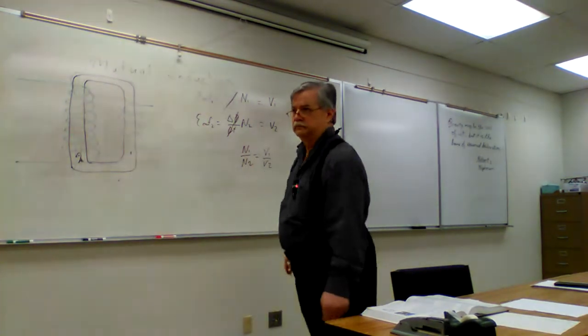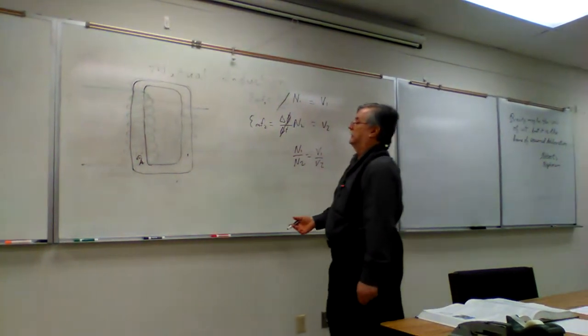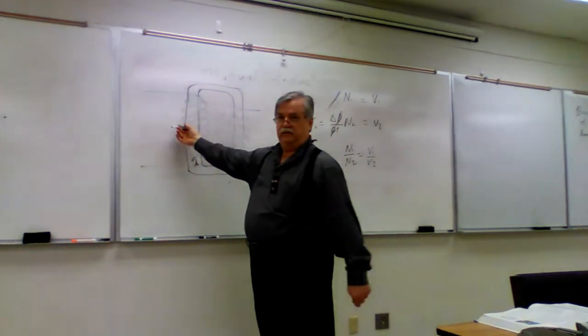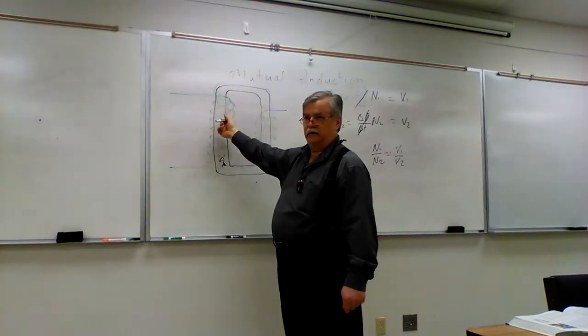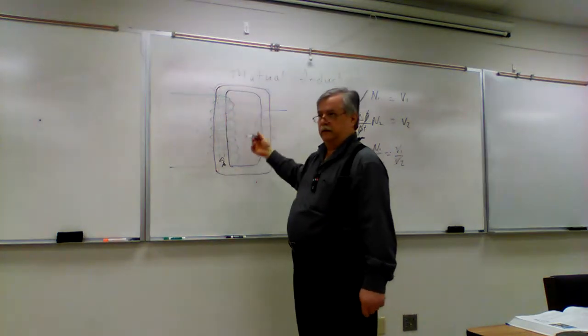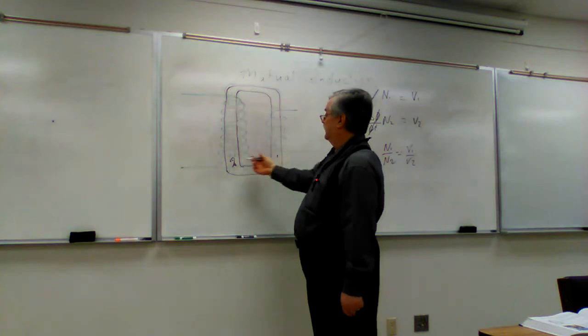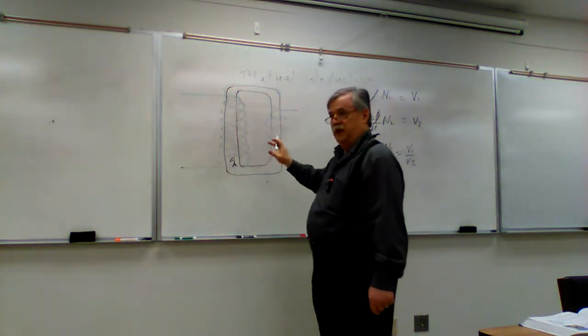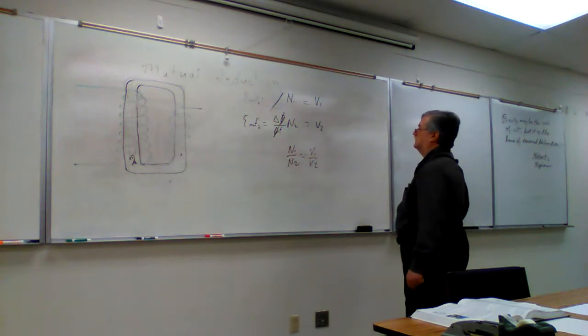All right? If N1 is smaller than N2, if there's fewer coils on side 1 than there is on side 2, then depending on which side you hook up as the input, it either steps up or steps down based on the ratio of the coils. Okay?